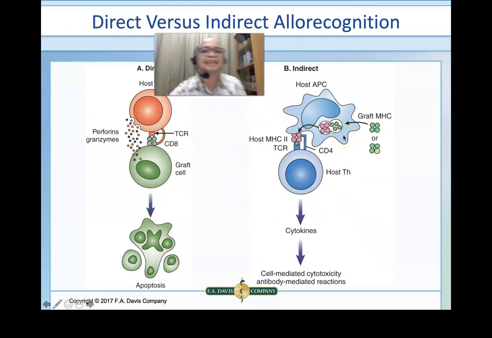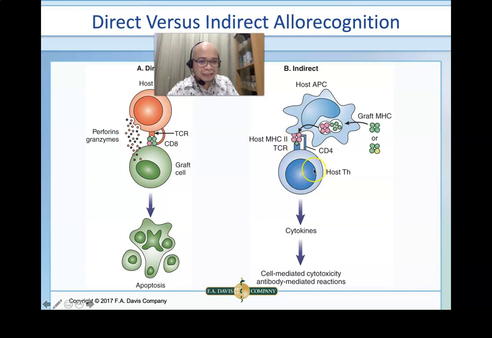Whereas, when you say indirect, antigen-presenting cells such as macrophages will present, display the graft MHC. These were ingested, or phagocytized, by the macrophage, and then this will be displayed in MHC class 2.